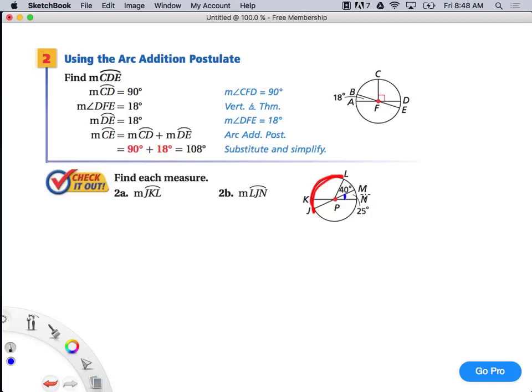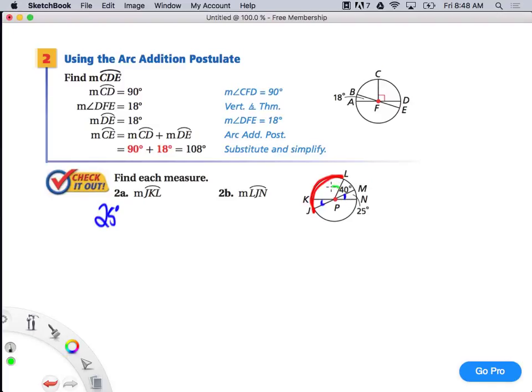If this here is 25, I'm trying to find this whole thing here, right? If this is 25, what's this? 25, because those are what kind of angles? Vertical. Very good. So I already know it's 25 degrees, but then I have to figure out this bit here. So how do I find out this bit?